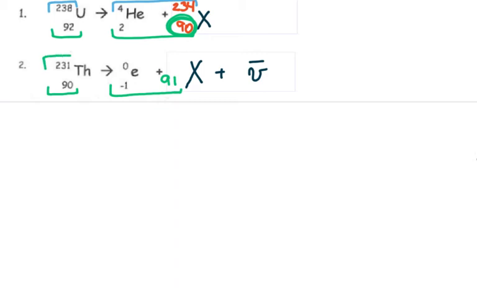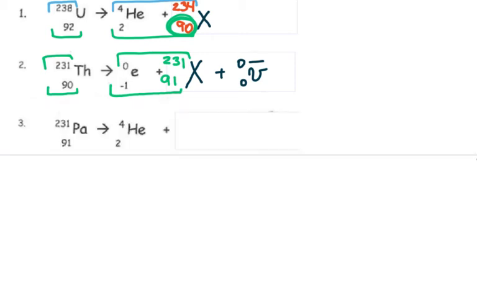And the number of nucleons together should be equal to 231. If you check the periodic table, you will see that the 91 proton element is called protactinium. So it has 91 protons and 231 nucleons, meaning protons and neutrons together.